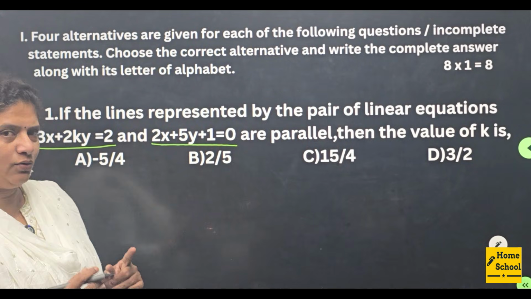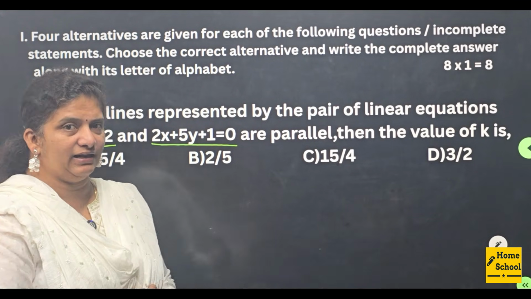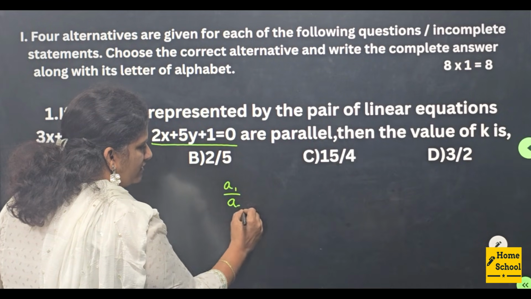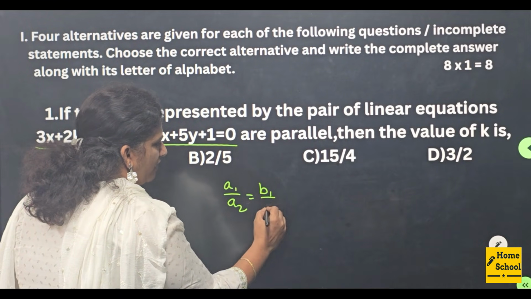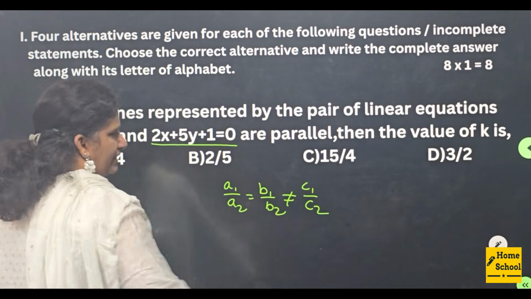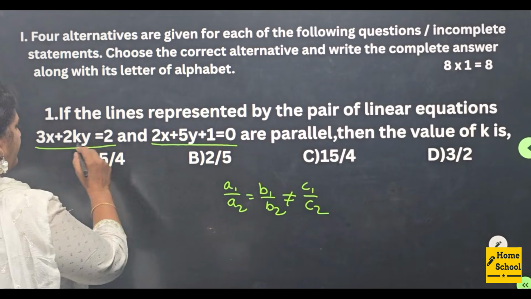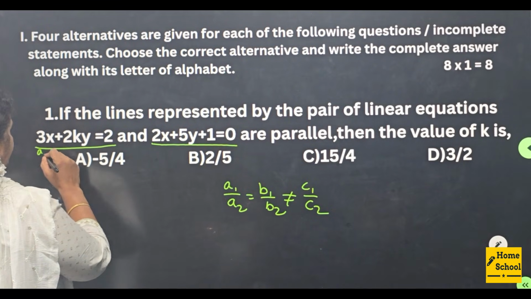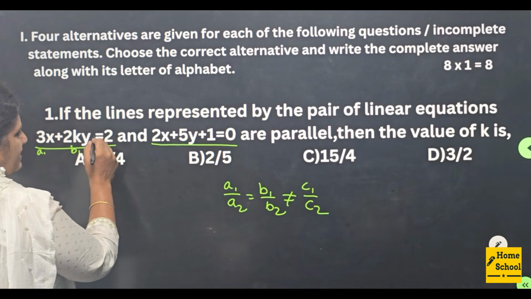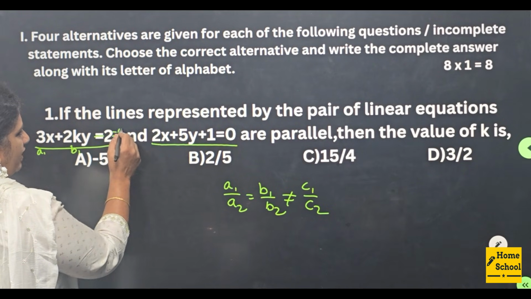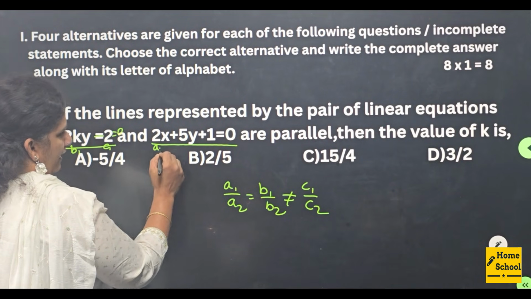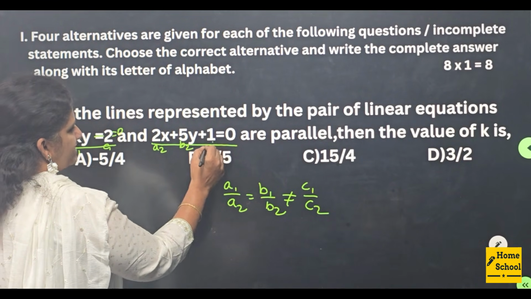We know if the equations are parallel, a1/a2 = b1/b2 ≠ c1/c2. Now imagine this as a1, this as b1, and if you bring this side, minus 2 = 0, and this is c1. This one is a2, b2, c2.